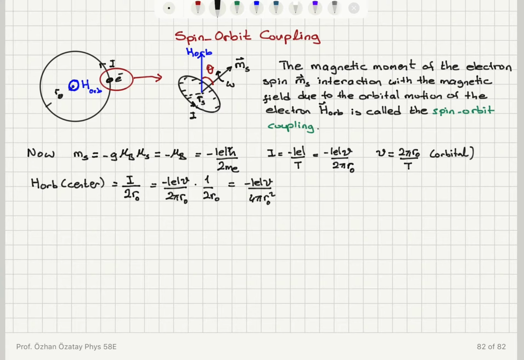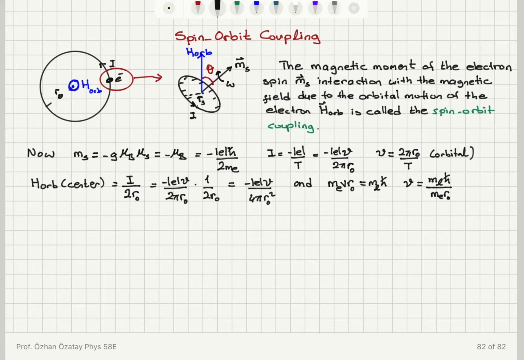At the same time, the angular momentum is quantized, and for the tangential speed we can use the quantum mechanical result, m sub l h bar divided by the mass of the electron times the orbit radius.